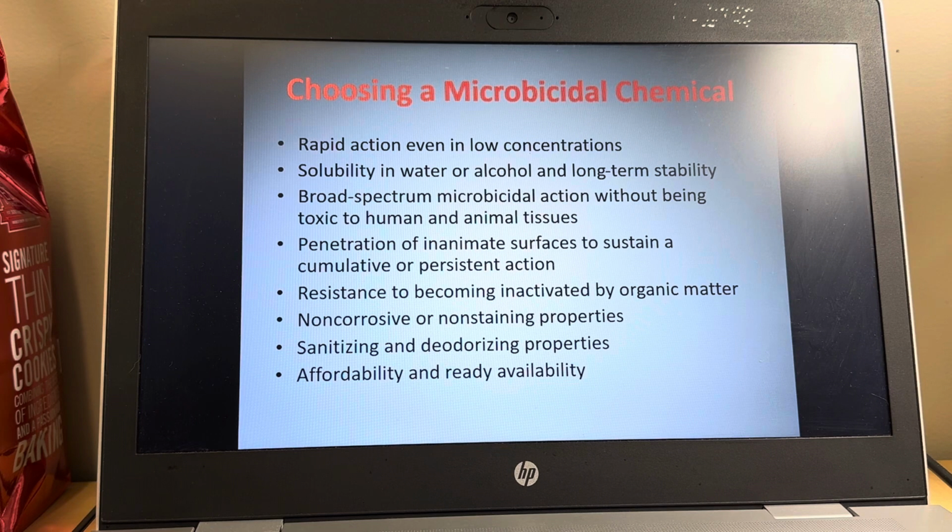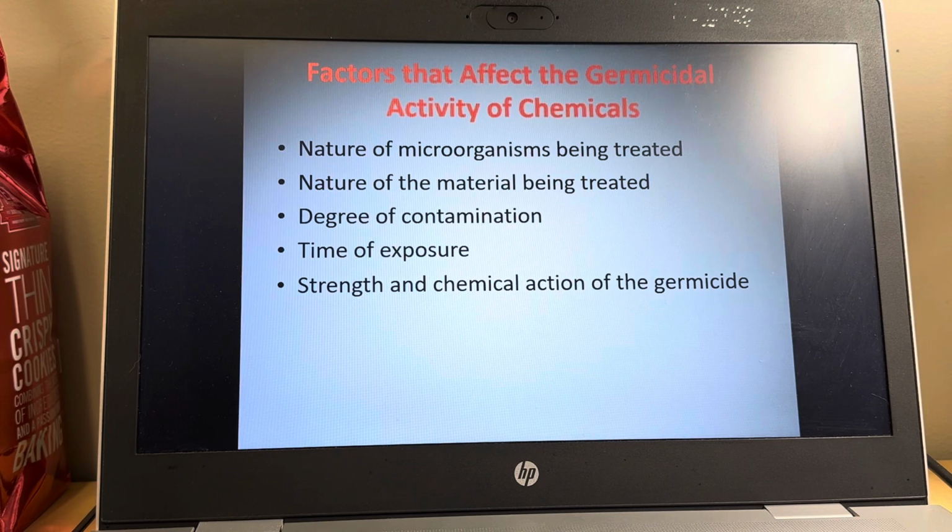Okay, so those are the things that healthcare institutions look at when they're choosing what kind of chemicals to use to disinfect patient rooms, but this goes for antiseptics as well when you're talking about betadine and chlorhexidine. If they're going to eat away the patient's tissues, they'll kill microbes, but they're going to hurt the patient. So there's a lot of different things to consider.